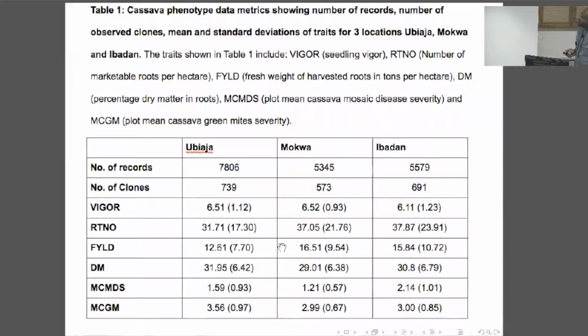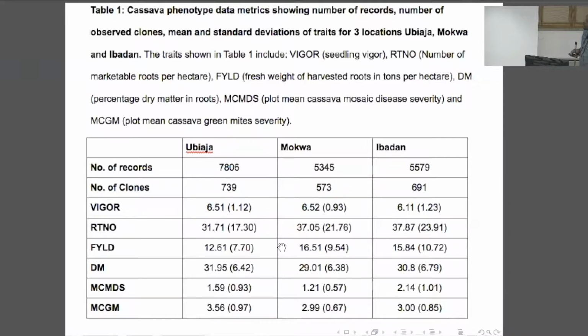So this is a little data on the traits we are dealing with and some metrics. So this is the number of records of the data we have at different locations, and these are the number of individuals. And we had about 324 individuals across these locations.